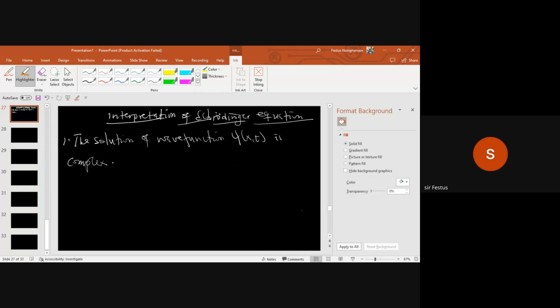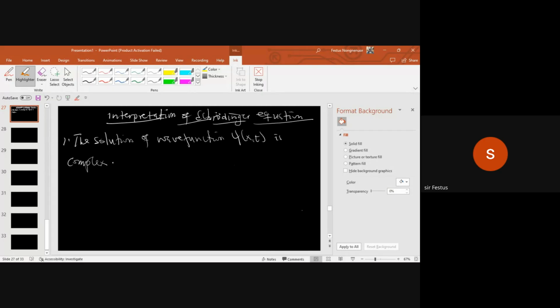So the second one is that the solution for the equation for a given function with a potential is possible for many situations, each with a corresponding energy E. This ensures that only certain values of E are allowed.